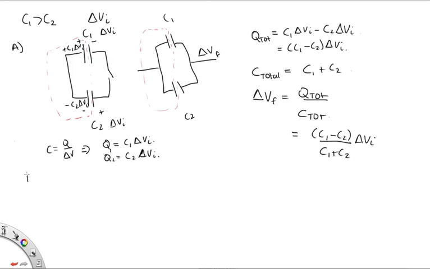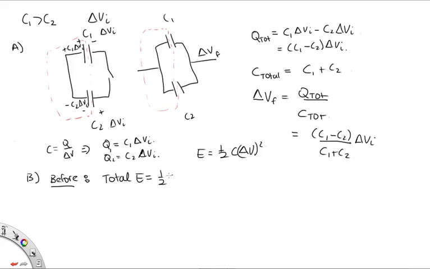Now part B of the question says find the total energy stored in the capacitors before they are connected together and afterwards. Okay, so before, we've got that our total energy is equal to, we'll just be using the formula E is equal to a half C delta V squared, and before we've got the two capacitors, so we just add together the contributions from both capacitors.